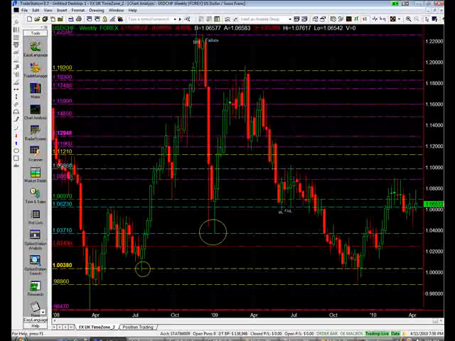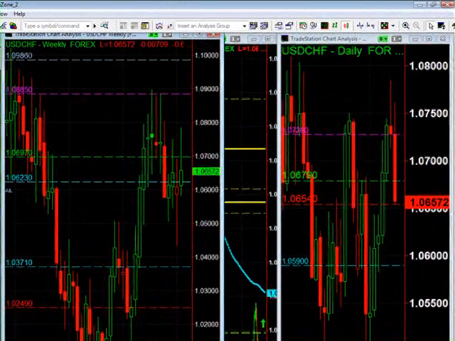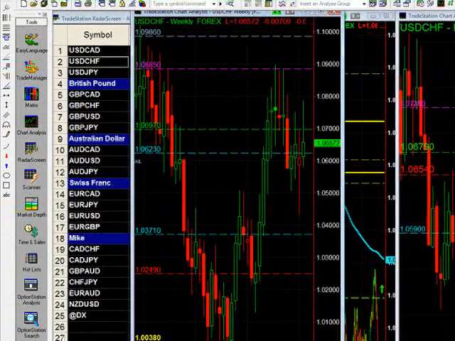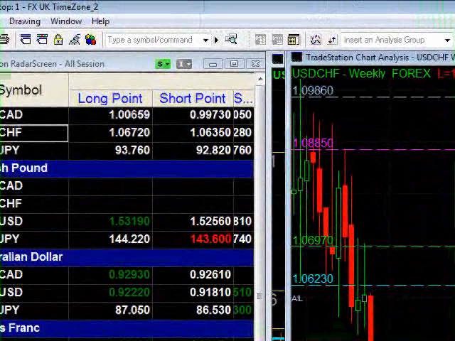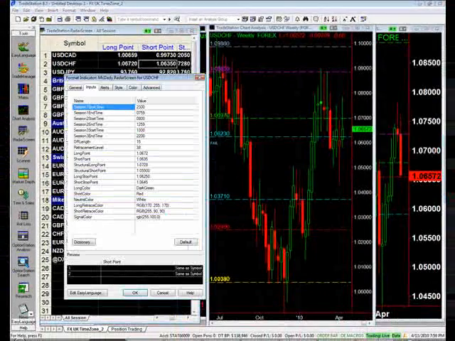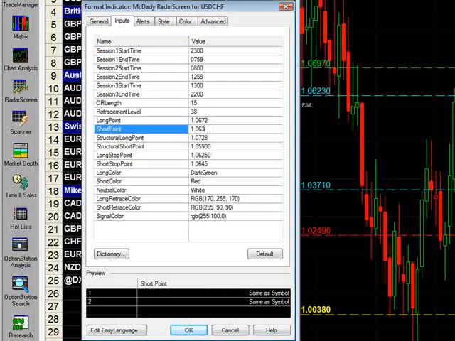So in this case, I'm going to use the 106.23 as a structural point and as a short point. Last week we had a short point of 106.35, so we're going to make it 106.23. Just happens to be two close points, and our structure short in this case is going to be the 106.23. It's one and the same.